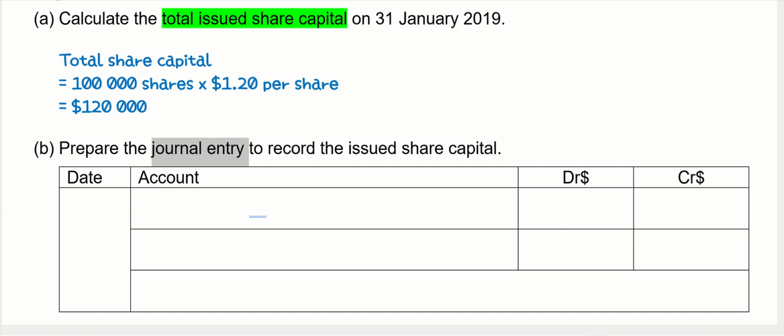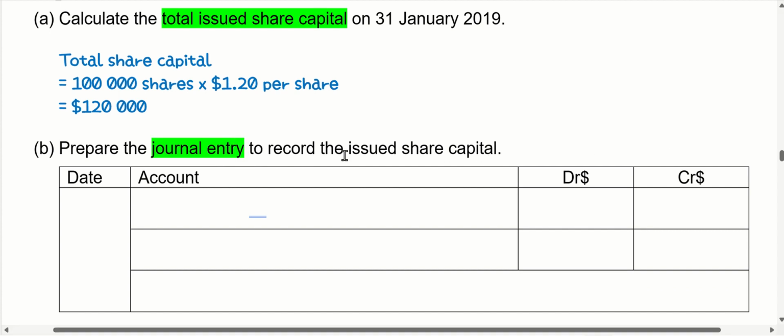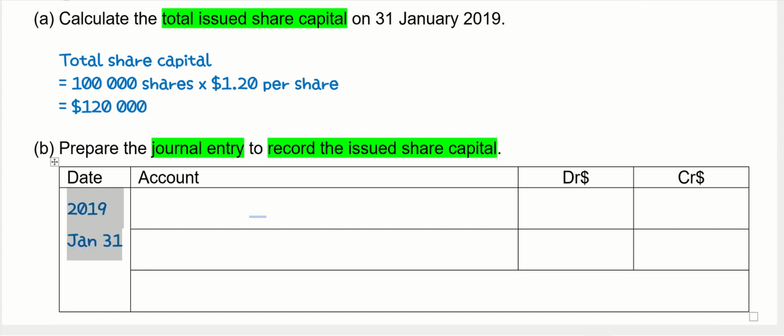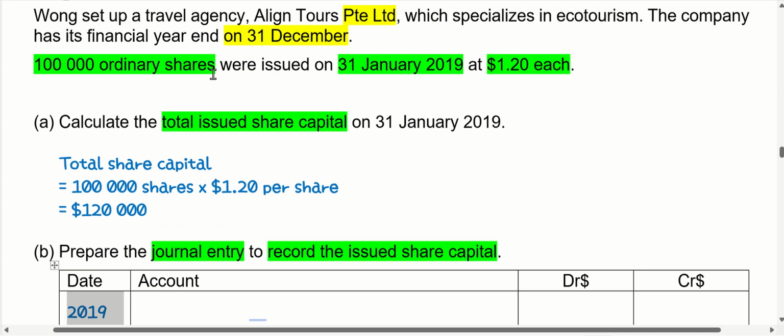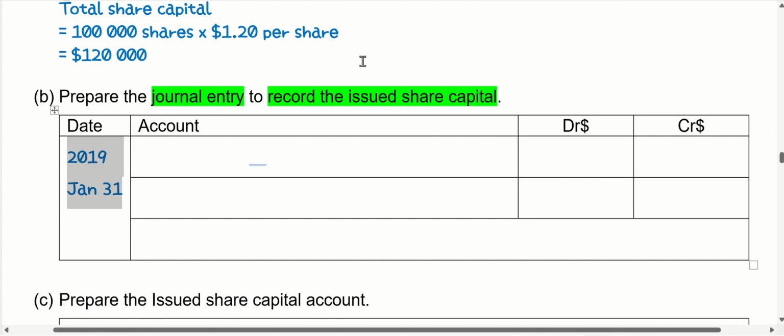Next, prepare the journal entry to record the issued share capital. So what should I do? Firstly, every journal entry, the format is date, account, debit dollar sign, credit dollar sign. We know here that 100 ordinary shares were issued on 31st January 2019.